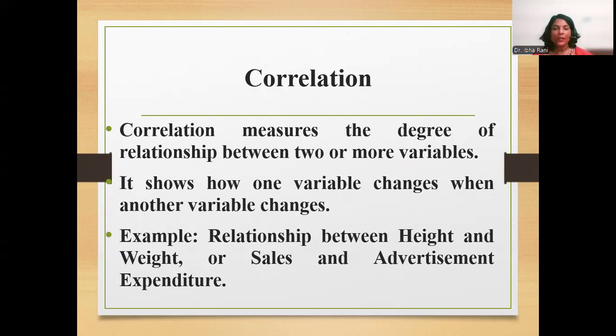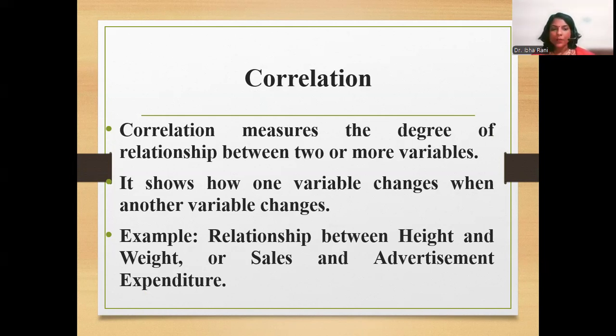So first, we will understand what you mean by correlation. Correlation measures the degree of relationship between two or more variables. It can be any variables, for example, height and weight. You can look into the profit and sales of a company, or advertisement expense and sales volume of a company.